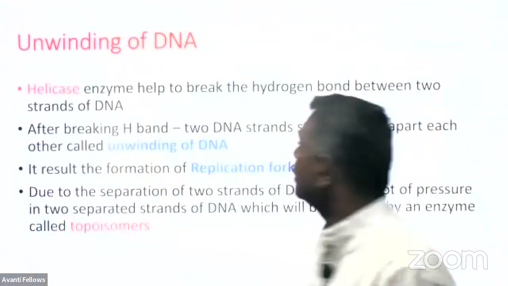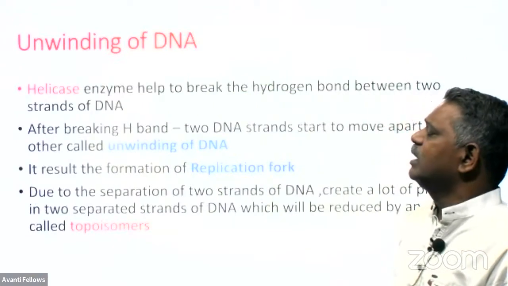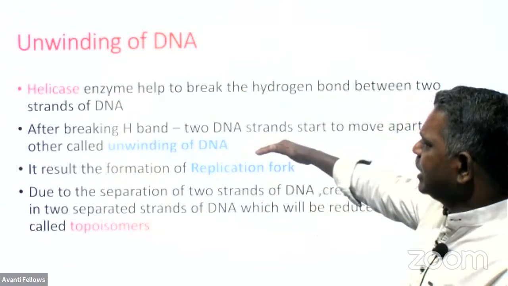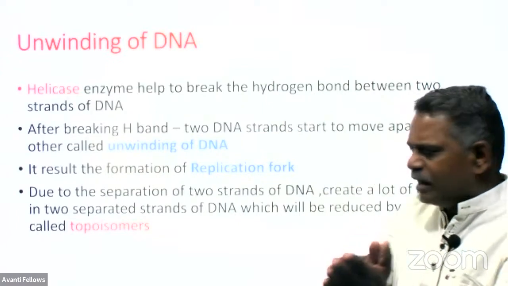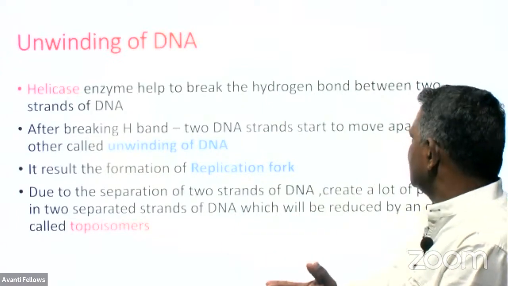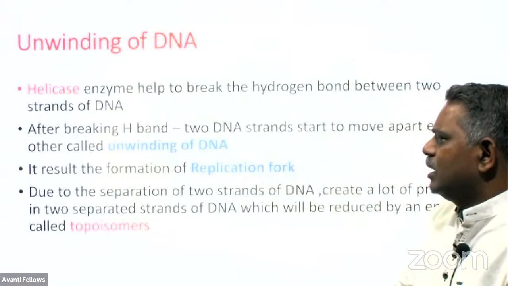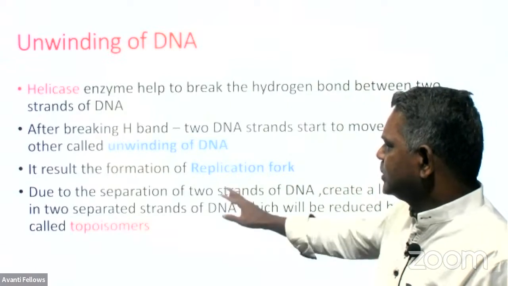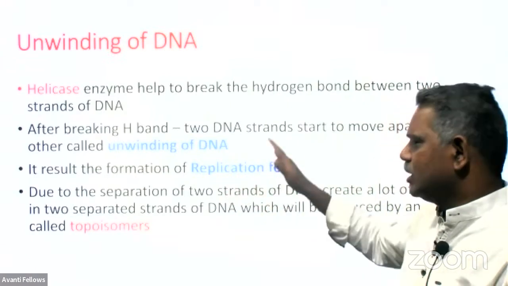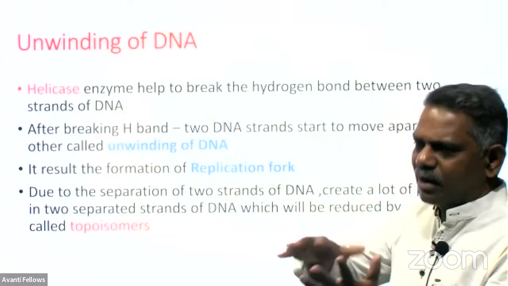And here we come to the unwinding of the DNA. After breaking the hydrogen bond using the helicase enzyme, these two complementary strands of the DNA move apart from each other, and it's called unwinding of DNA. Then it results in the formation of a replication fork or a replication bubble.